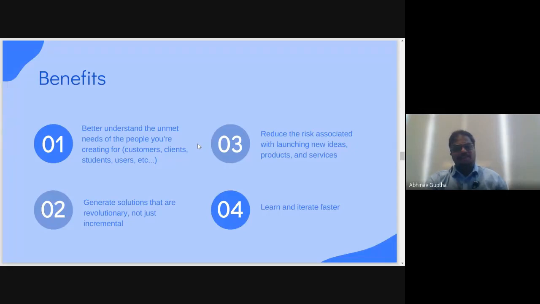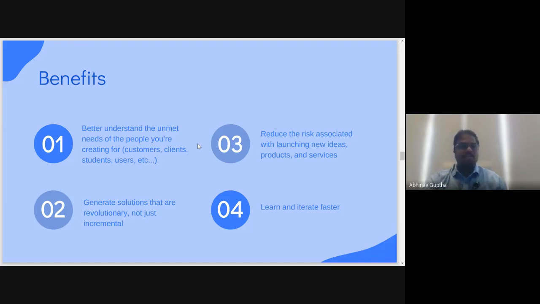So when I said you have to work on desirability and create products out of it, what are the benefits you'll get? One, you'll understand what your users, customers, clients, students, whoever it is, need, and whether there are any unmet requirements, and you can understand this better with the design thinking process.